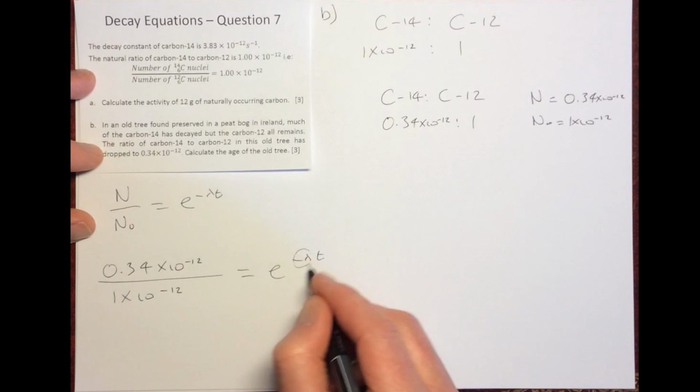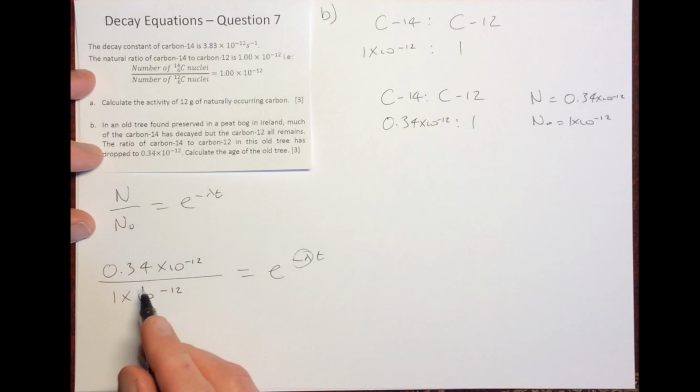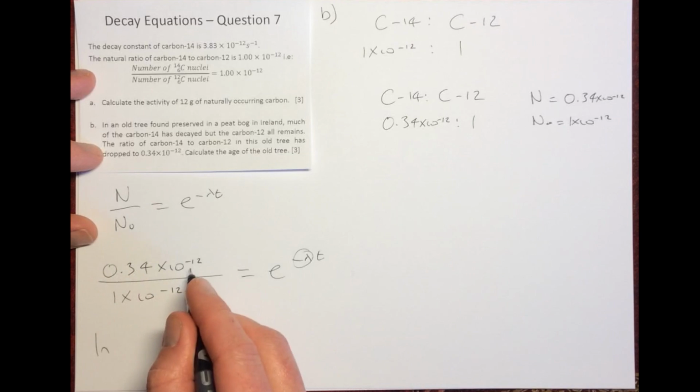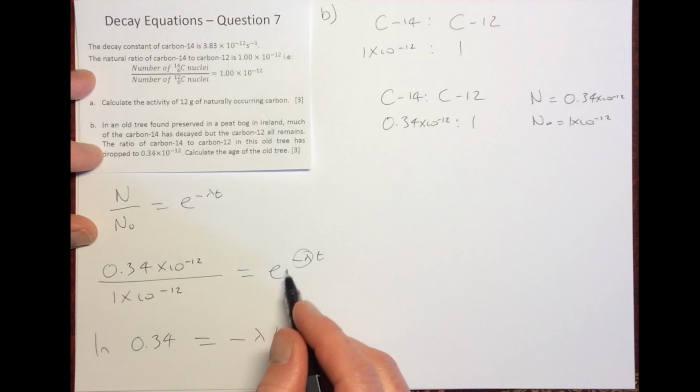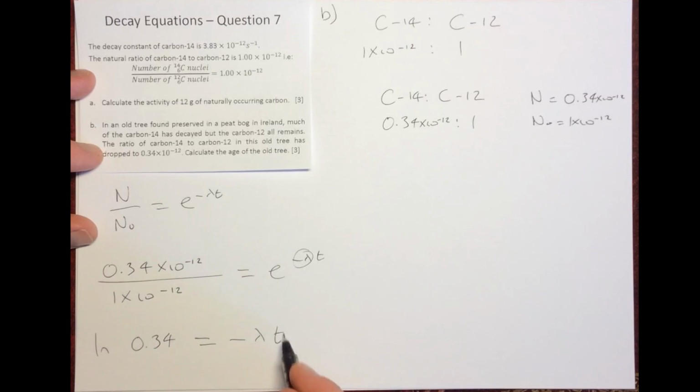We already know lambda, so all we've got to do now is natural log both sides. So 0.34 times 10 to the minus 12 over 1 times 10 to the minus 12 is just equal to 0.34. So we're natural logging that side. And if we natural log this side, we're going to get that. Okay, because log to the base e of e to the minus lambda t equals minus lambda t.